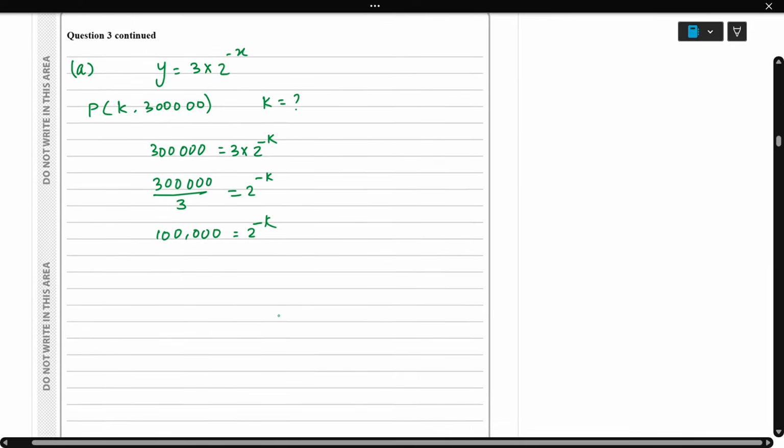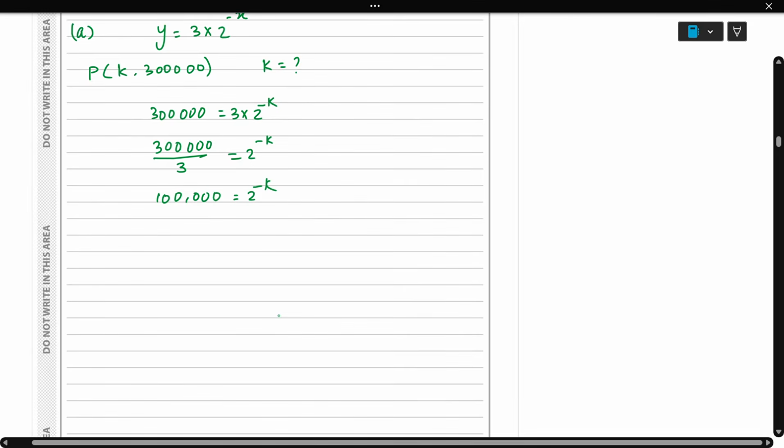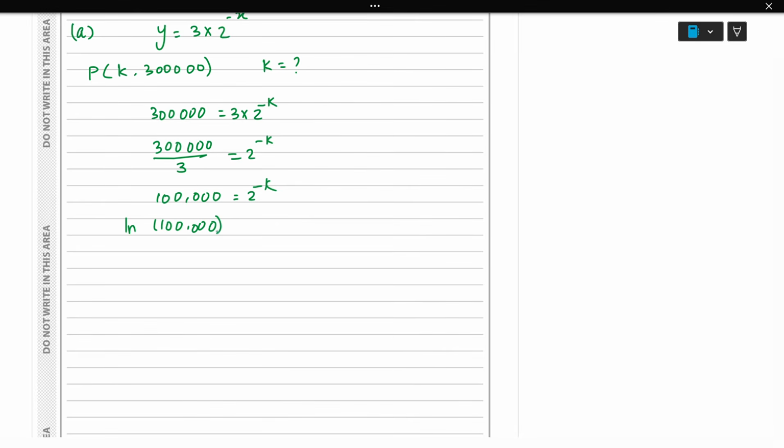Now the question says use the logarithmic method. So we are taking natural log on both sides. 100,000 equal to 2 power minus k. As we know, log of a power b can be written as b into log a. This is applicable for natural log also.